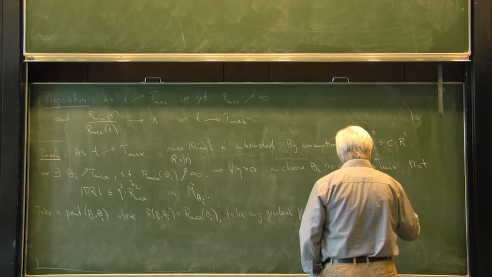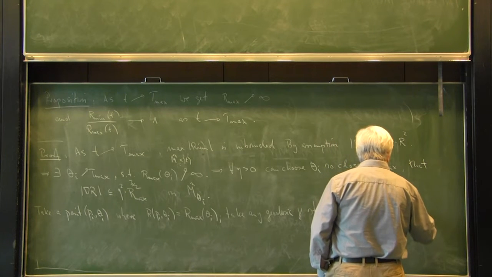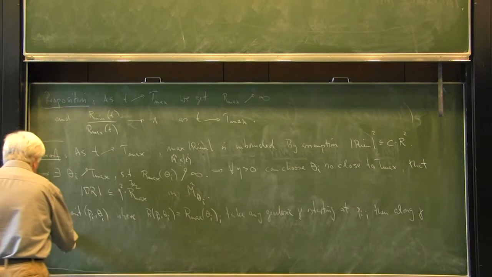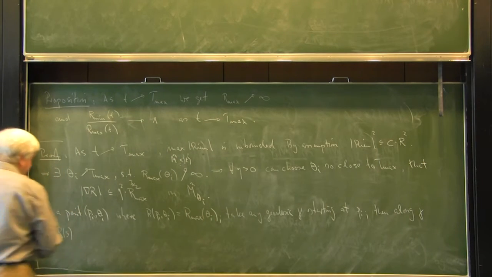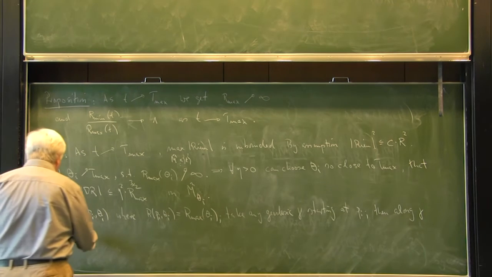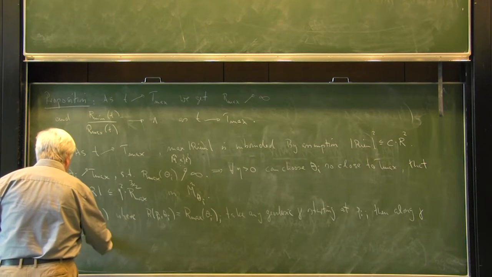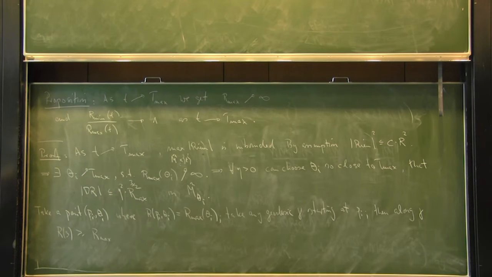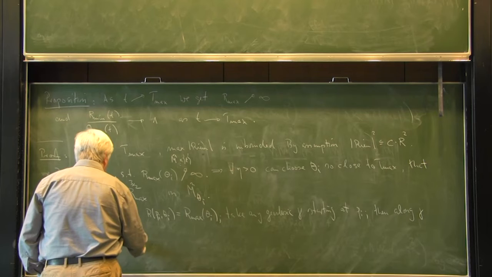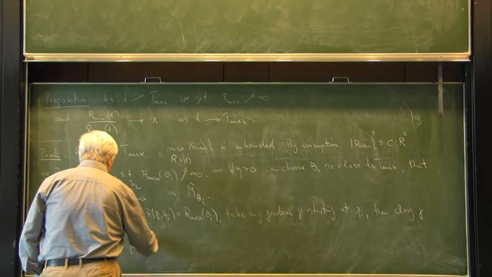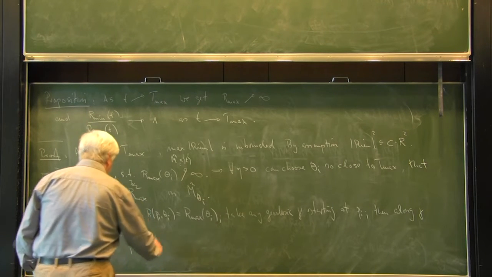Then along gamma, we get that the scalar curvature at some time s along the geodesic must be bigger than at the beginning, R max, minus, well, along the geodesic, the gradient of the scalar curvature, ds.